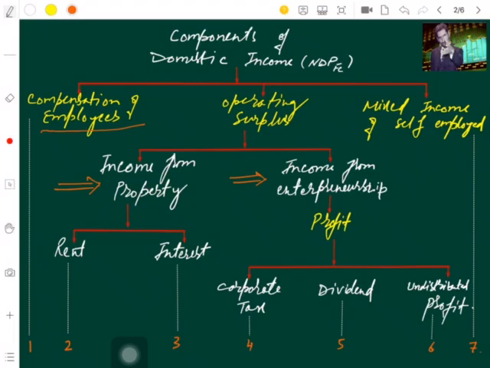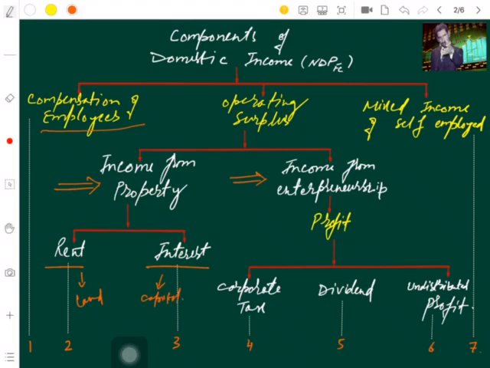Labor is not anybody's property. Capital is property. That is why income from property has two parts, rent and interest, because rent comes from land, and land is somebody's property. It can be owned. Interest is from capital. Capital means money, and money is worth something. It is property, so it is part of income from property.